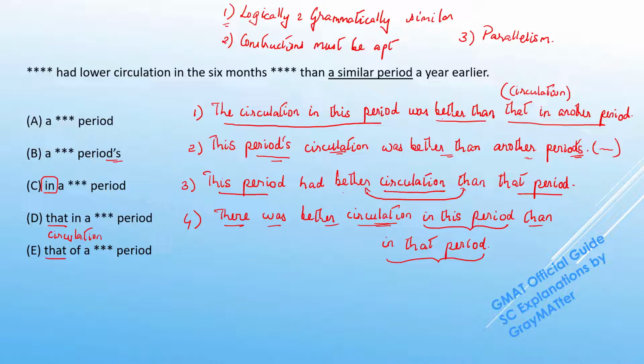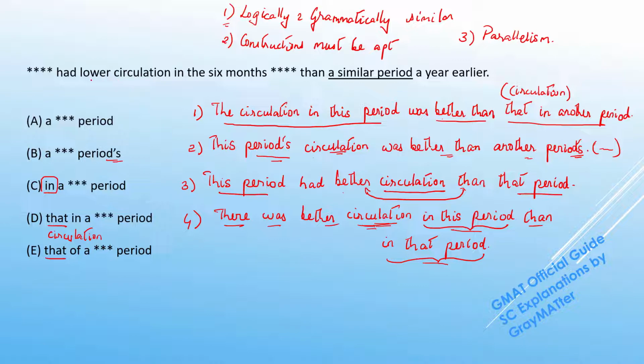So just as I said in example 3 that we do not need to mention the circulation here outside this comparative phrase, in the fourth sentence as well, we shouldn't be mentioning the word circulation outside the comparative phrase because it's already inside. And it indicates that that is exactly what is being compared. So what should be parallelly constructed are these prepositional phrases in this period and in that period.